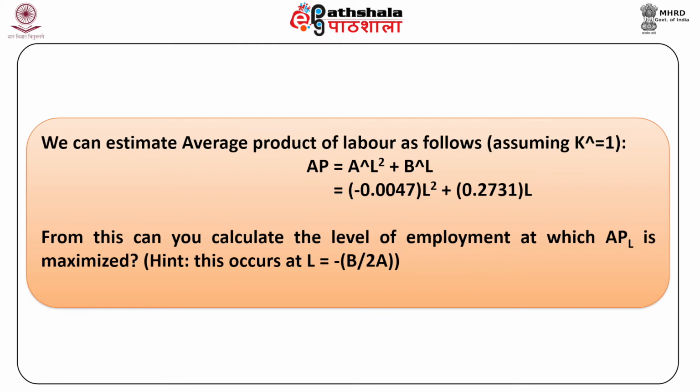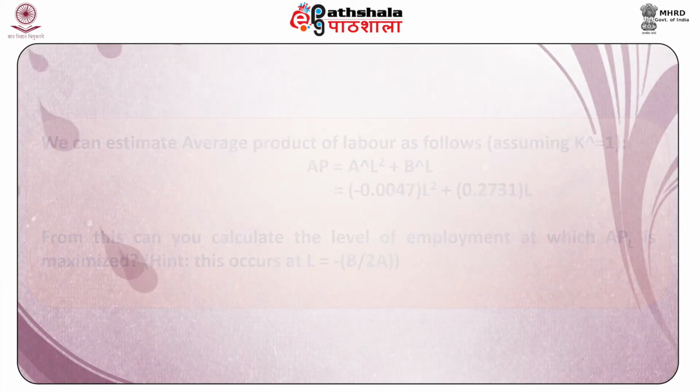Can you calculate the level of employment at which APL is maximized? Hint: this occurs at L = -B/2A. The model has a high R square, indicating that the cubic production function is a good fit for the given data for the firm. Also, we find that this production function displays the diminishing marginal returns to labor.